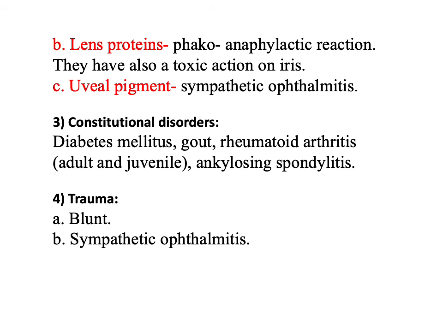Any trauma or surgical interference in one eye may produce sympathetic ophthalmitis in the other eye. Other causes of uveitis may be constitutional disorders like diabetes mellitus, gout, rheumatoid arthritis, either adult or juvenile type, and ankylosing spondylitis. Another cause of uveitis is trauma, either blunt trauma or, as we said from the allergic part, sympathetic ophthalmitis.